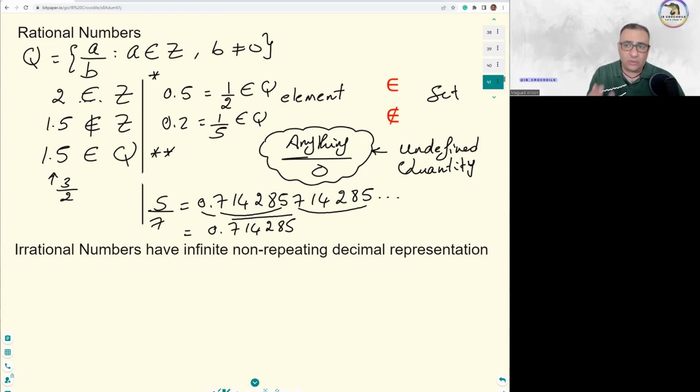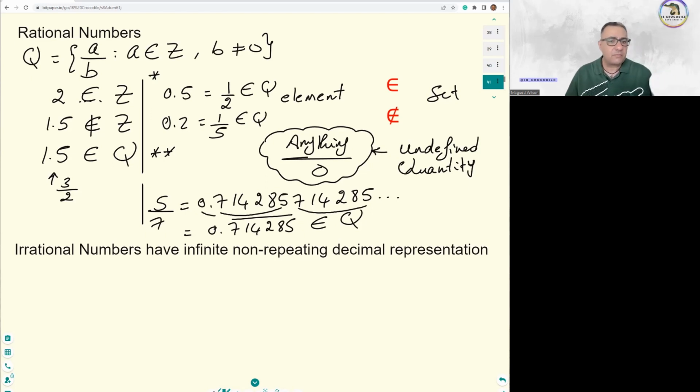This number is also considered a rational number, so it belongs to Q. So these are the two cases of decimal expressions that can be classified as a rational number: terminated decimal, or non-terminated but repeating, recurring.